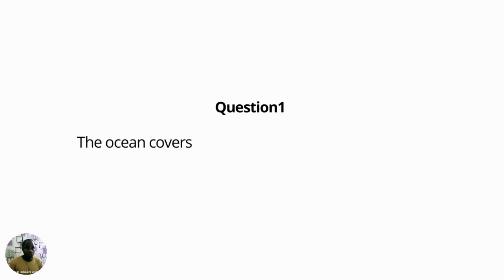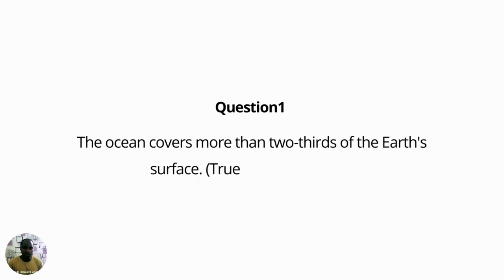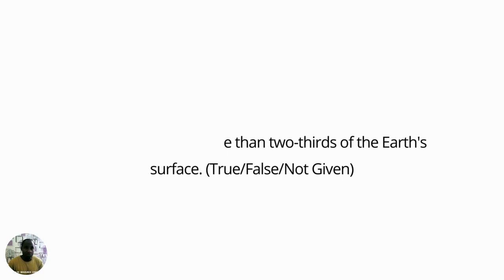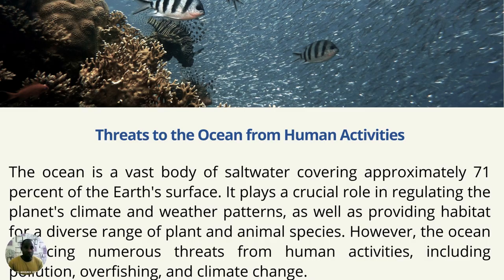the first question given to us is that the ocean covers more than two-thirds of the Earth's surface. Now, you are asked to choose if the statement is true, if it is false, or if it's not given. We have read the passage about the threat to the ocean from human activities.